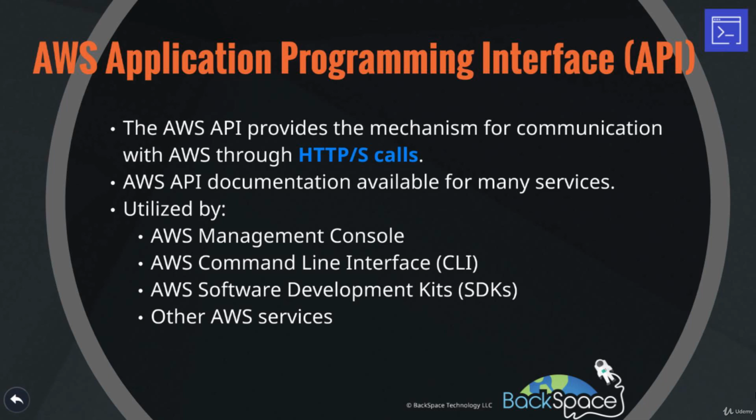How that works is that the AWS Management Console that you've been using is simply an application that is running on your browser, and it is sending HTTP calls backwards and forwards to this application programming interface backend on AWS. Now, the documentation is available for the AWS API for many services.